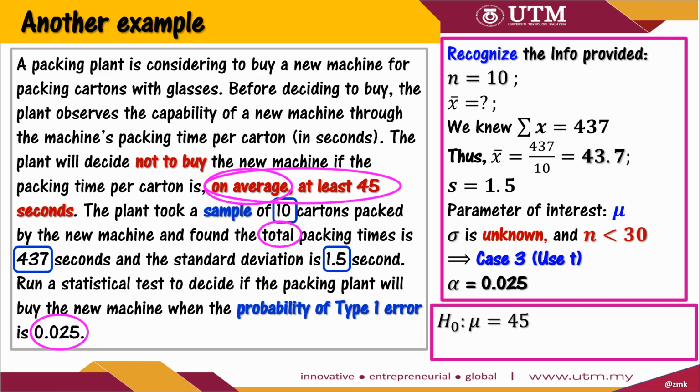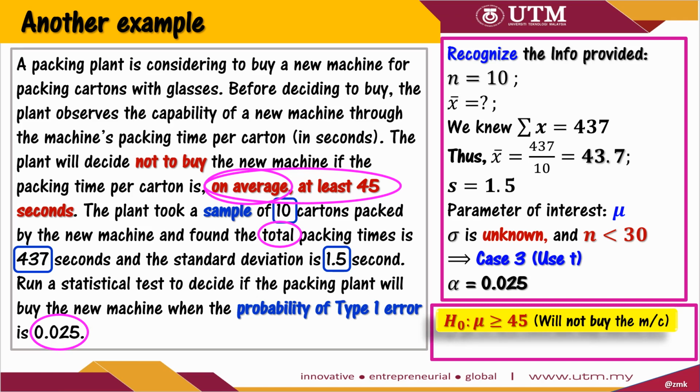The words at least mean 45 and above, right? This should be a statement under H0, since the statement contains the equality sign as well. Therefore, to be precise, under H0, mu is at least 45, where the plant will not buy the new machine.